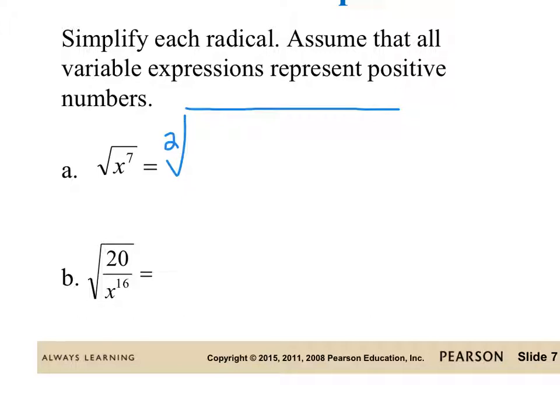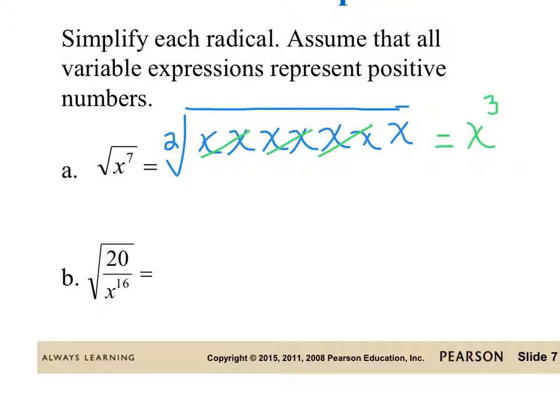And x to the 7th is 1, 2, 3, 4, 5, 6, 7. And those are going to come out in pairs until we run out of pairs. So we've got 1, 2, 3 pairs of x's, which when they come out will become x times x, or x cubed. But the remaining x is going to stay underneath the radical.